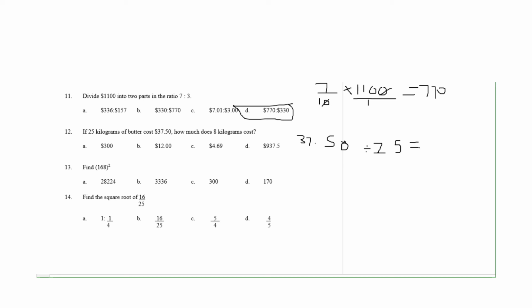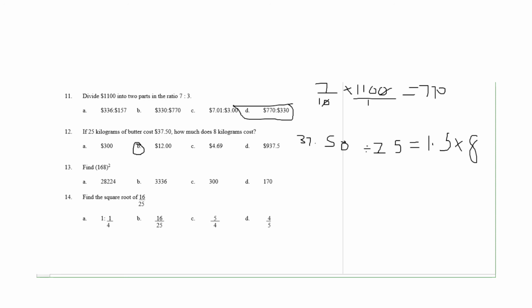So 37.50 divided by 25, that should give you 1.5. So 1 kilogram costs $1.50. And to find the cost of 8 kilograms, you're going to multiply that by 8. And that gives us $12. So the answer for number 12 is B.